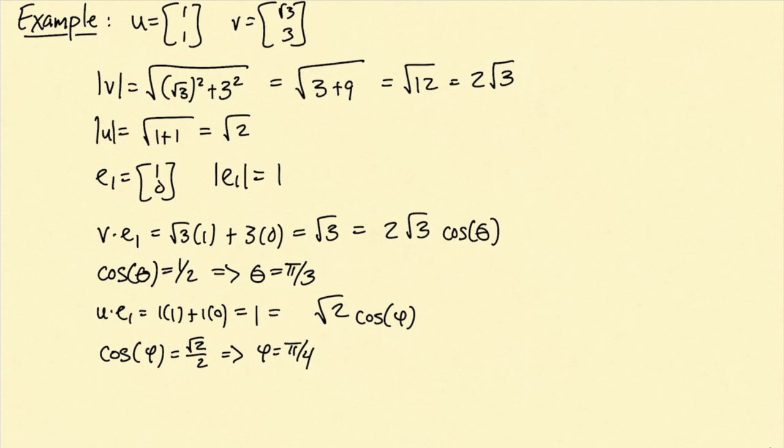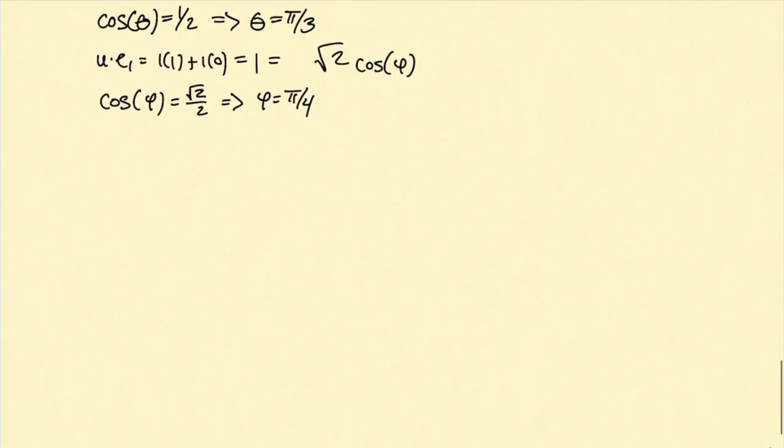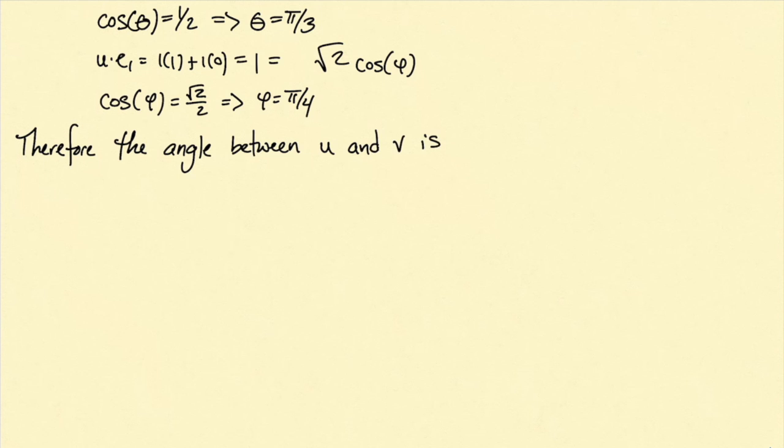And this tells us that phi must be pi over 4. So now we can see the angle between the vector u and the vector v measured counterclockwise is pi over 3 minus pi over 4. And that, of course, gives us pi over 12.